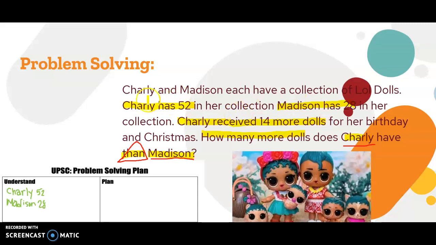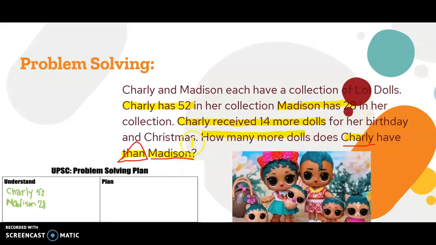On top of the dolls that she already has, so she already has 52, she's going to add how many more to the collection? She's adding 14 more. Why? Because she received 14 more dolls to her collection for her birthday and Christmas.